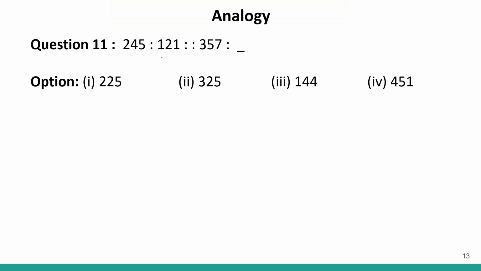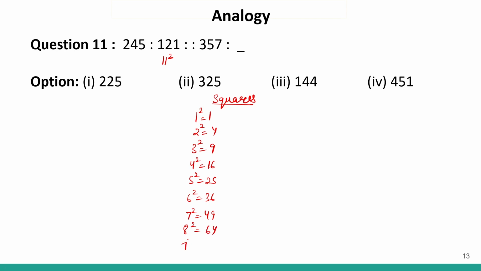If we do not get that, we will look at the sum of the digits. Now when I look at 121, one thing strikes me that it is 11 square. So if you remember squares, these things will be clearer to you because you can identify a number as a square. Let us revise these squares. 1 square is 1, 2 square is 4, 3 square is 9, 4 square is 16, 5 square is 25, 6 square is 36, 7 square is 49, 8 square is 64, 9 square is 81 and 10 square is 100.